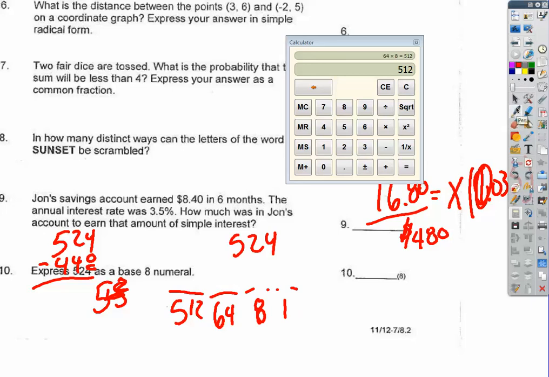That makes a lot more sense. So we have a 1 here. So 524 minus 512. And you're probably laughing at me at home, which would be appropriate in this case. 64 goes into 12 0 times. 8 goes in that once with a 4 here. And there you have it. Sorry about that.